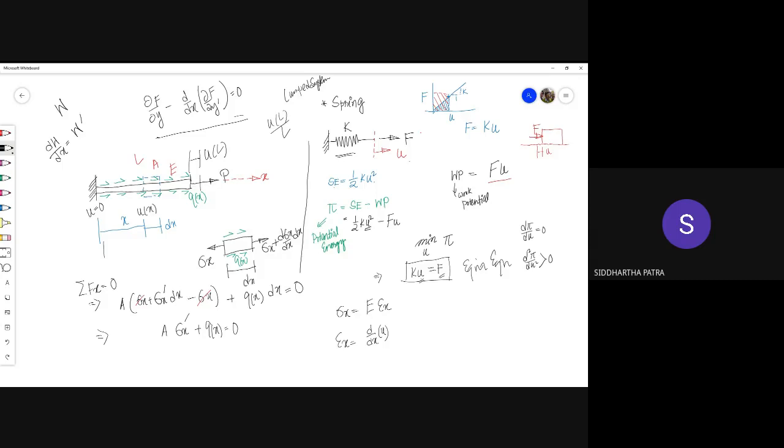For example, if I drop this P term from here, in presence of a distributed load, the stresses and the strain are not going to be constant along the length. There would obviously be some amount of elongation because of this distributed load, which would mean there would be some amount of strain. But since at the free end there is no force, the layer immediately behind that free end would have no stress.